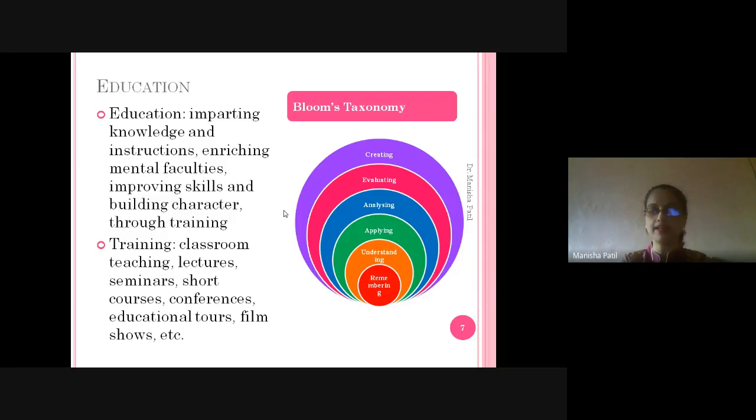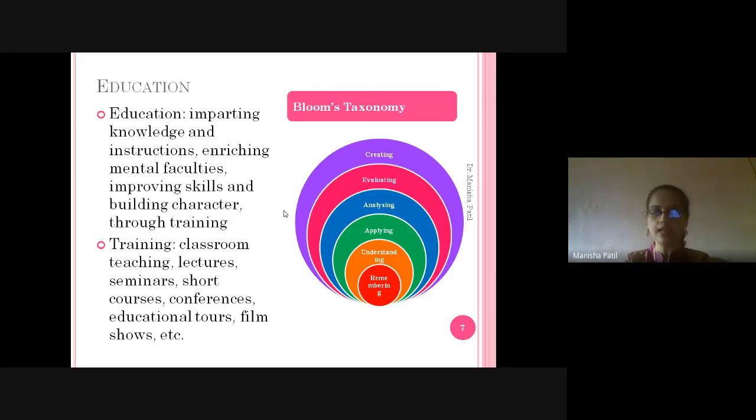For example, writing a letter. So when you are writing a particular letter, you have to remember all the 7 C's of communication. You have to apply it, analyze your letter, whether it is good enough, whether it covers all the 7 C's or not. So you are judging your letter, and finally you are preparing the final draft, and you are posting that particular letter.